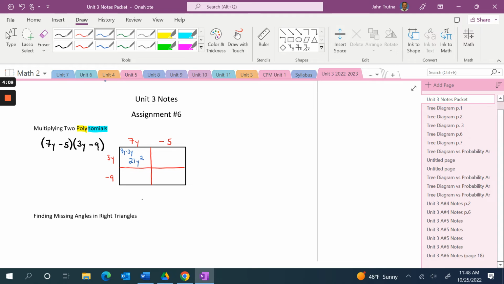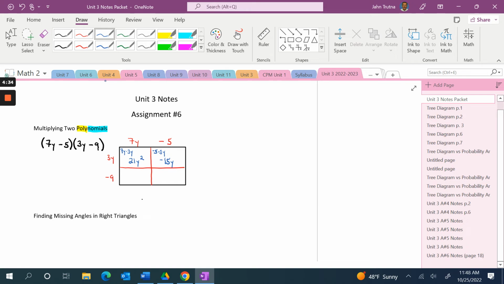Okay? And then I'm going to repeat that process for all the other individual rectangles that I have. So to figure out what I put in the top right rectangle, I'm going to take the negative 5. I'm going to multiply that with the 3y. And I'm going to write that result, which is negative 15y, in the top right rectangle.